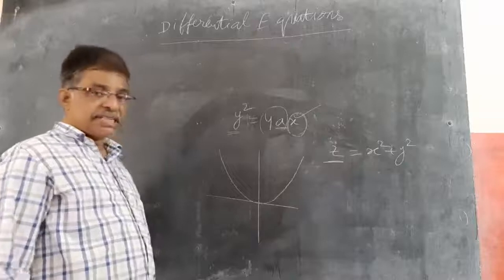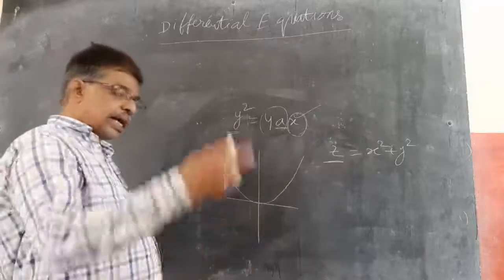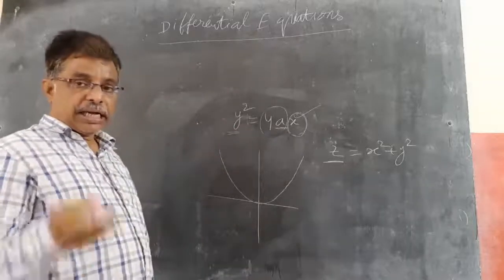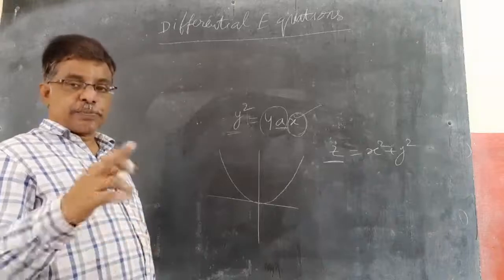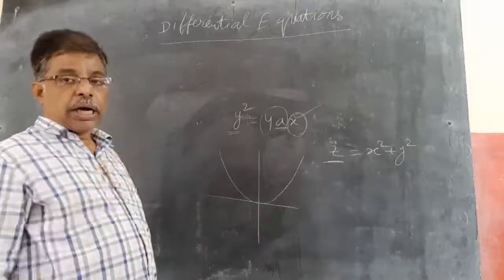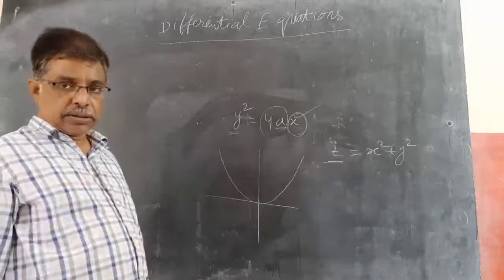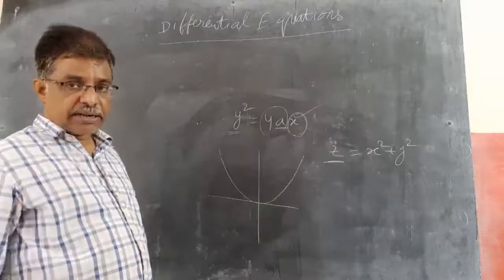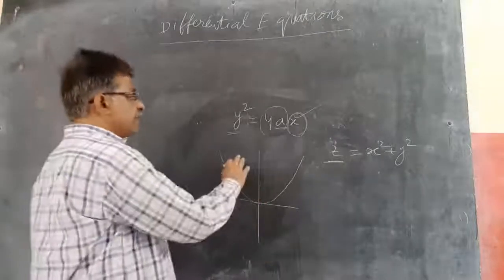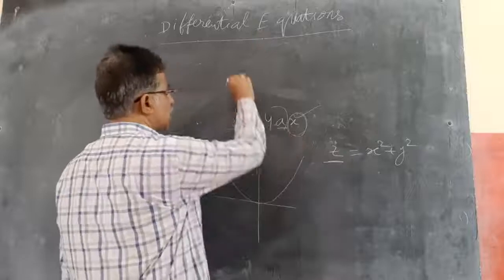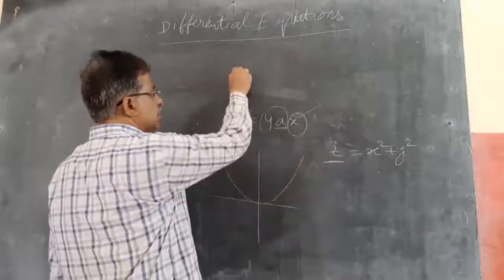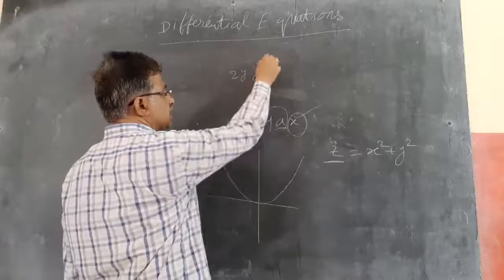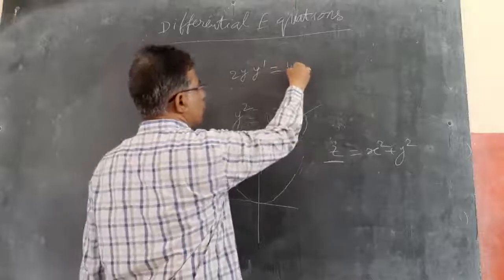Now, an equation which involves a dependent variable and its differentiation with respect to one or more independent variables is called a differential equation. For y square equal to 4ax, if you differentiate, 2y into y dash is equal to 4a.